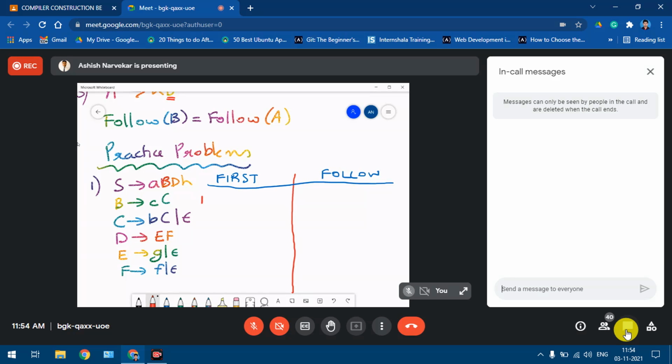So we want to find the first of... please solve this parallelly, simultaneously. At least solve the first, completing the first sets, so we can finish it faster.